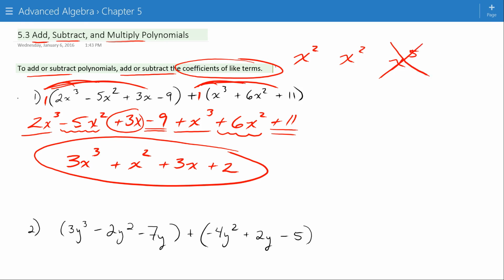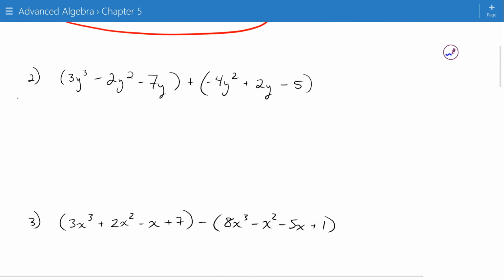Alright, so that's one way to do this, where you're distributing a 1 into the problem. I personally don't do that on most of them. I try to shorten it up, and I just pay attention to the sign that's in between the two polynomials, in between the two sets of parentheses. In this case, it's addition. So what I like to do is look for the like terms in the sets of parentheses, and I just combine them.